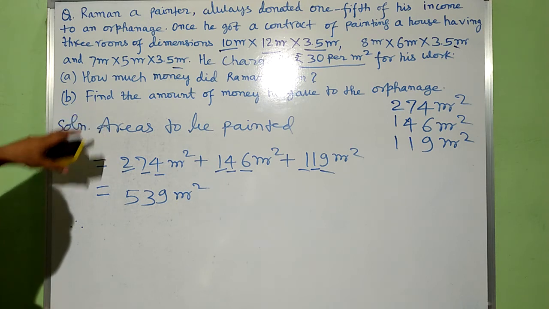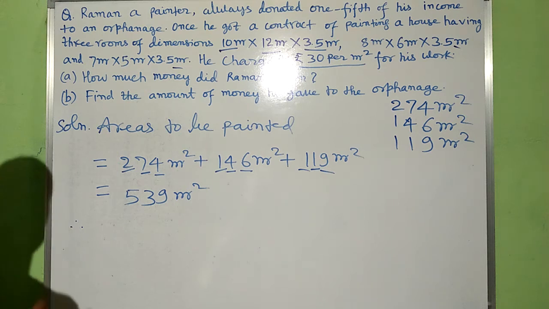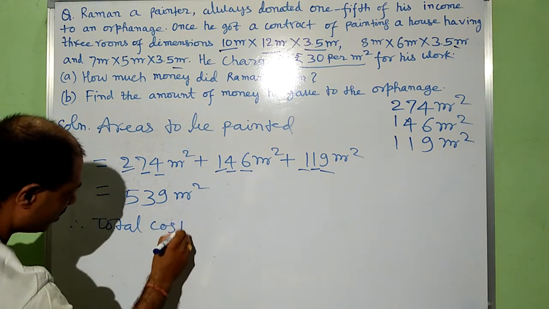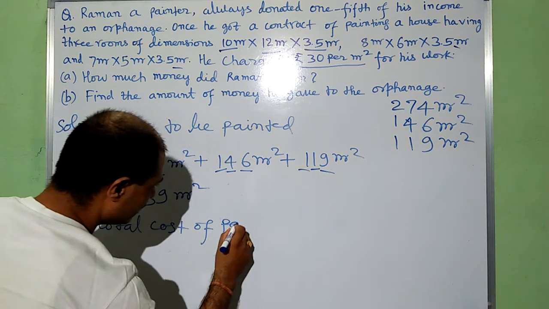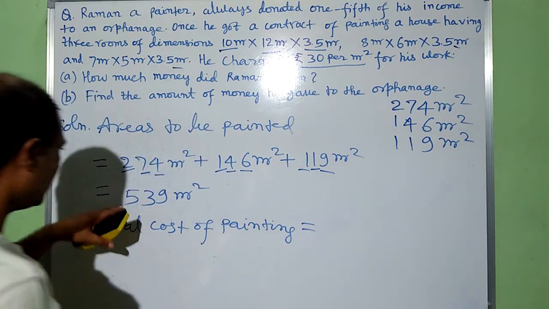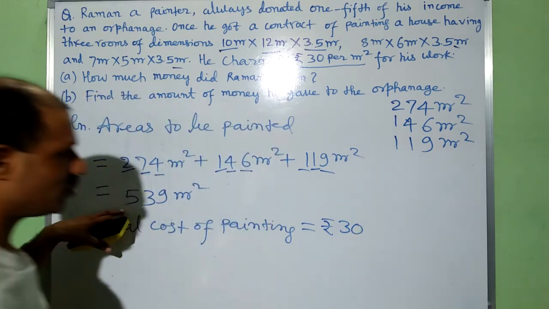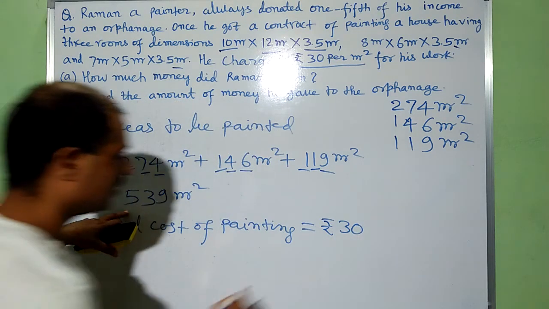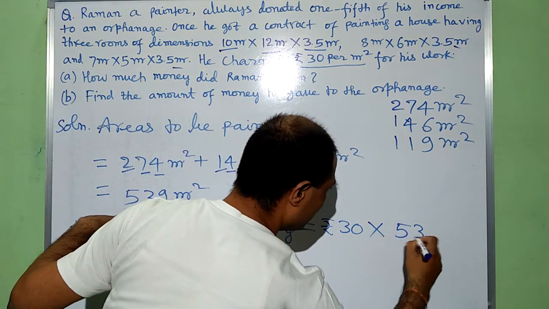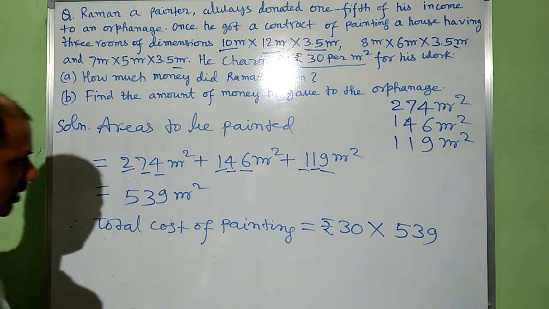How much money did Raman earn? He charged rupees 30 for his work. Hence, total cost of painting will be rupees 30, this is cost of 1 square meter, and here total 539 square meters are available. This part will be painted.